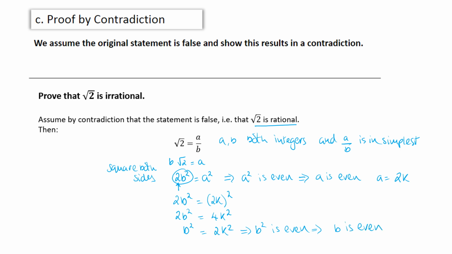So we have now shown that through that working, A over B, both A and B are even. So this is not in its simplest form. It could be cancelled down.